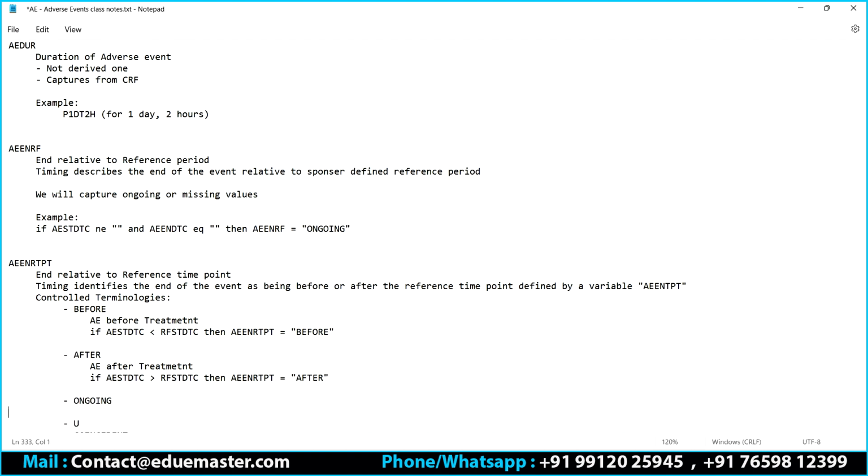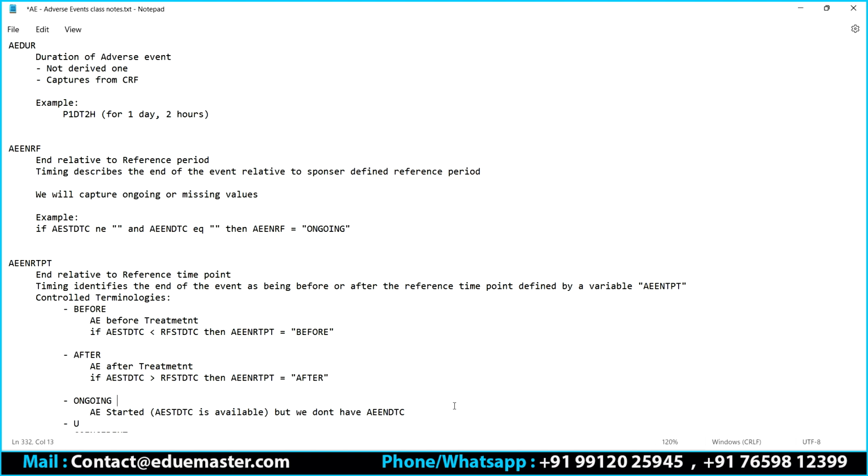What is ongoing? That is, the adverse event started, meaning AESTDTC is available, but we don't have AEENDTC. We don't know what the adverse event end date and time is.